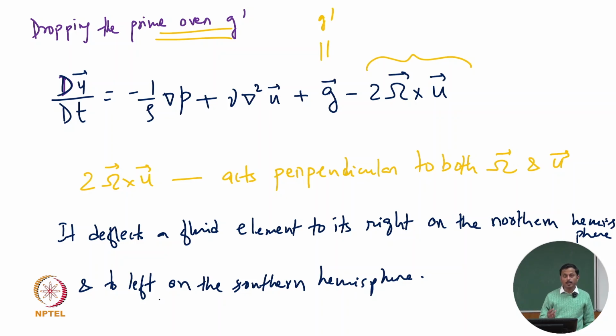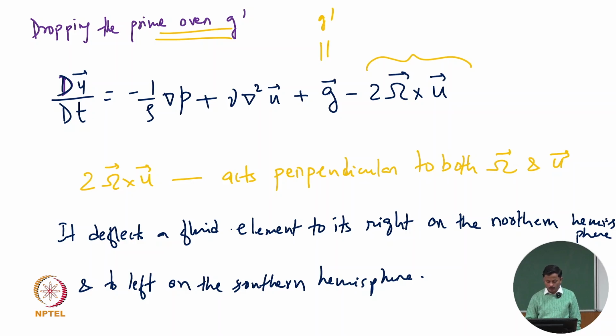This has to be the case to conserve angular momentum, because the Earth is rotating, and at different locations the distance from the axis of rotation is different, and hence they have different angular momentum. Without any external torque working on it, if there is a change in latitude, there will be a change in angular momentum, and hence there should be a deflection.